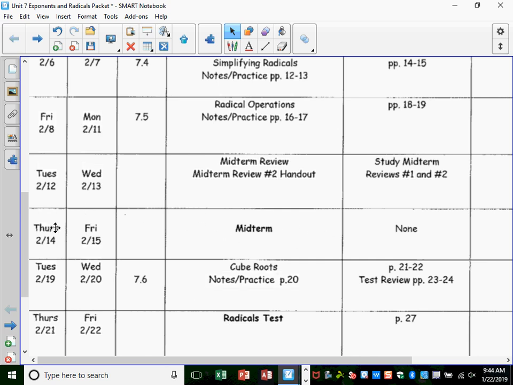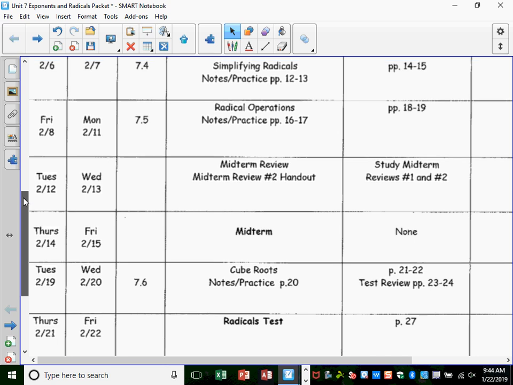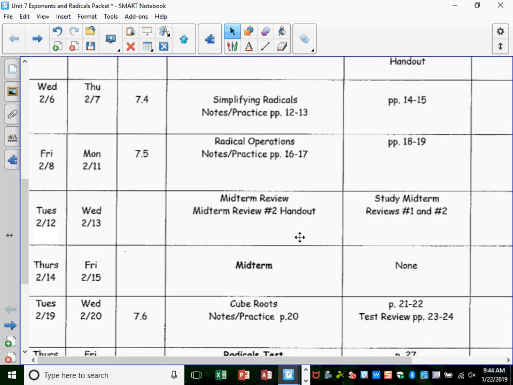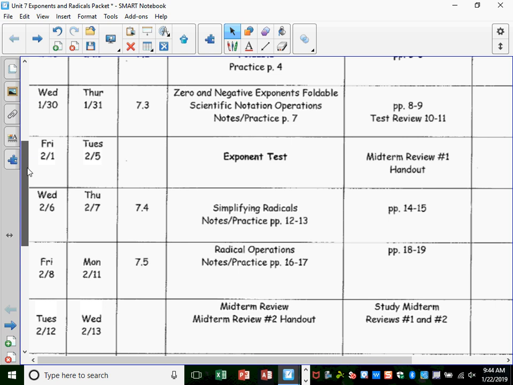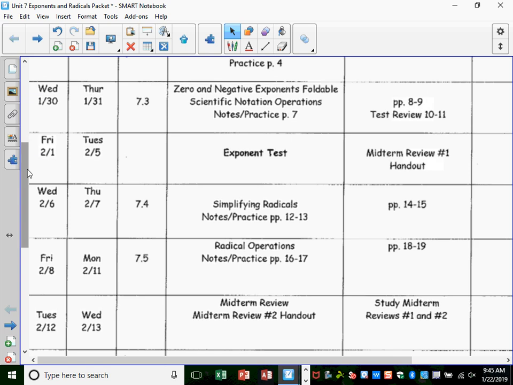So your midterm exam will be on 2/14 and 2/15. So if you're A day, February 14th, if you're B day, February the 15th. There are a couple of handouts in here, but besides that, you'll be doing some additional handouts besides what's in the packet to help you prepare for the midterm. But I would suggest preparing now by going back and looking at your old tests.